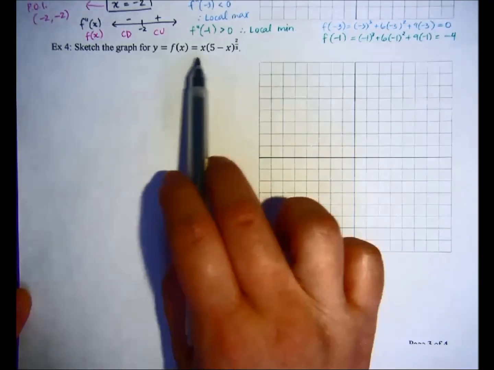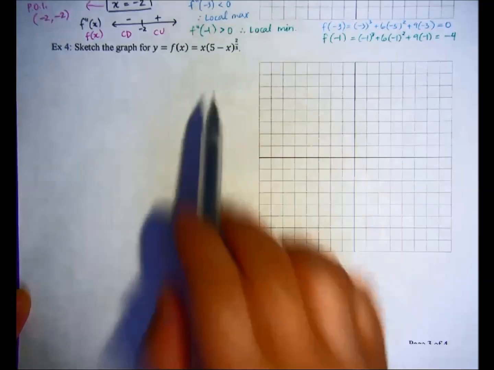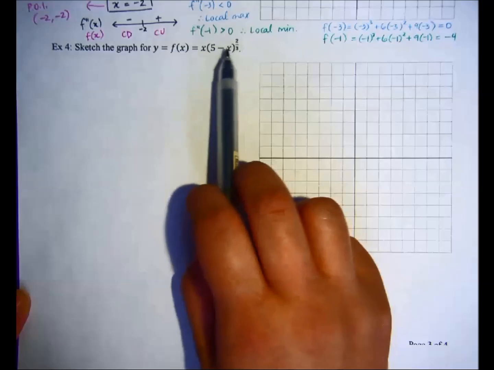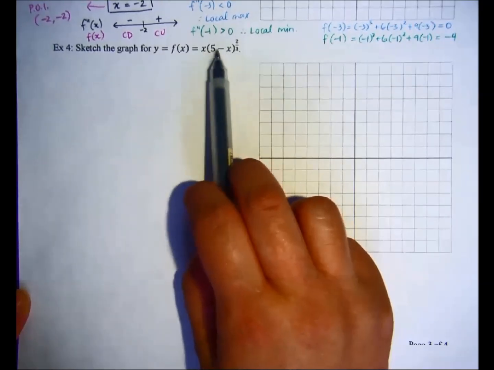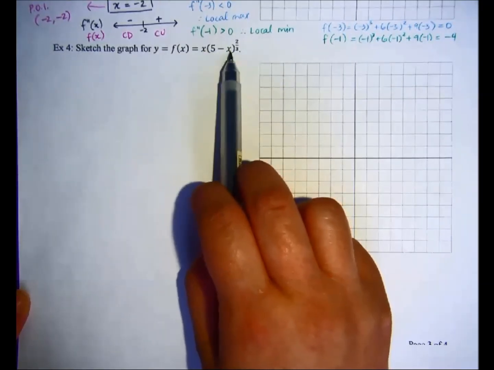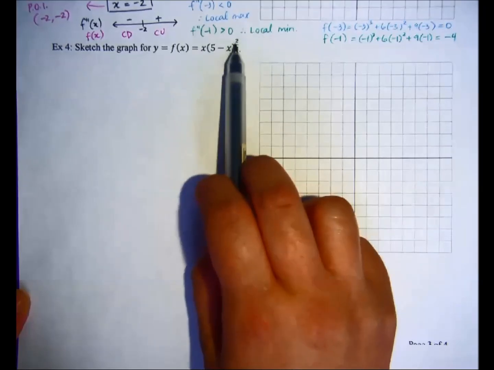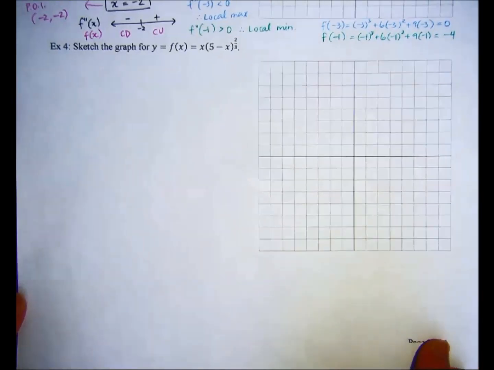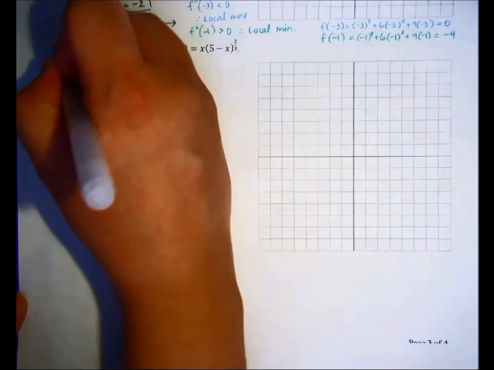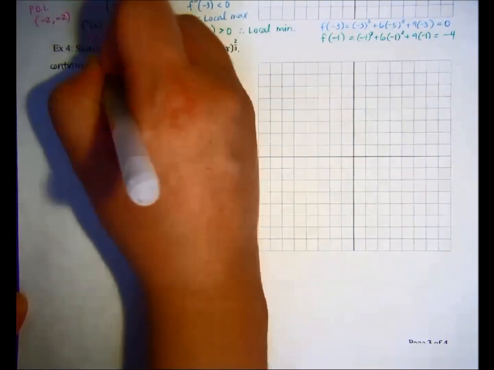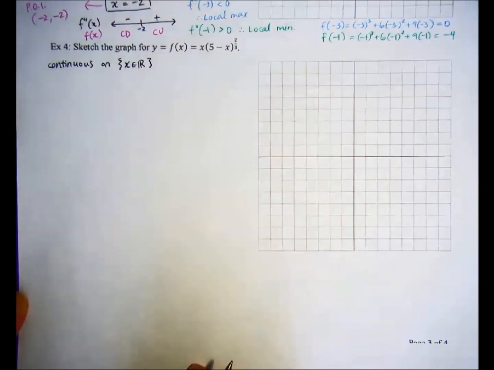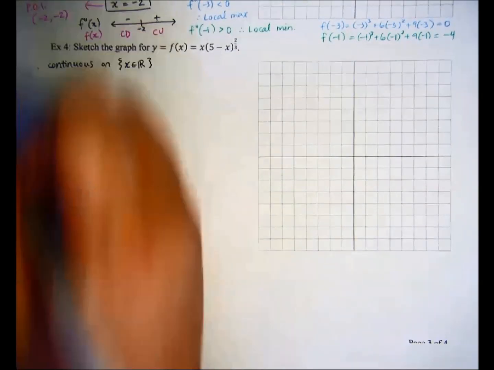First of all, we know that this is a continuous function because we can take any value of x here, no restrictions, as well as here, because you can always take the cube root of any number, get an answer back, whether it's positive or negative, and then raise that number to the exponent of 2 to get a positive answer back in the end. Okay, so there are no restrictions whatsoever. So our domain is going to be x belongs to the set of real numbers. So that's the first thing.